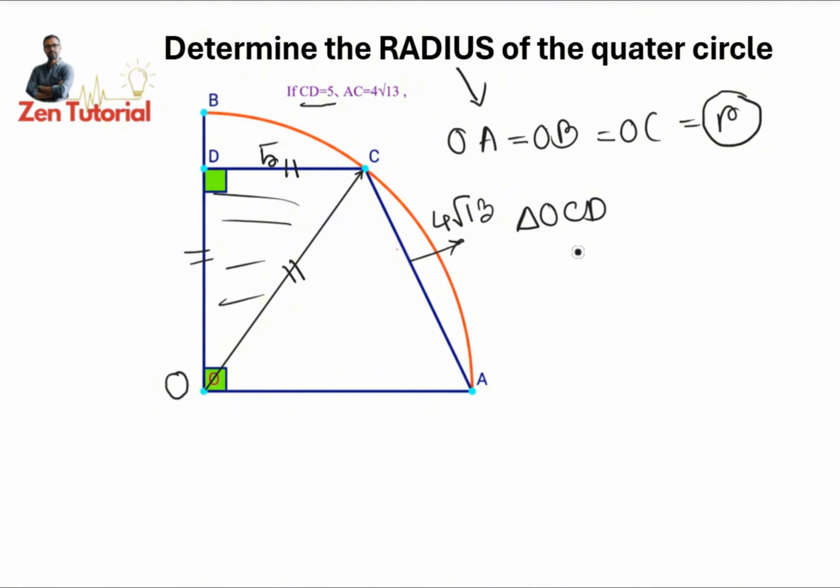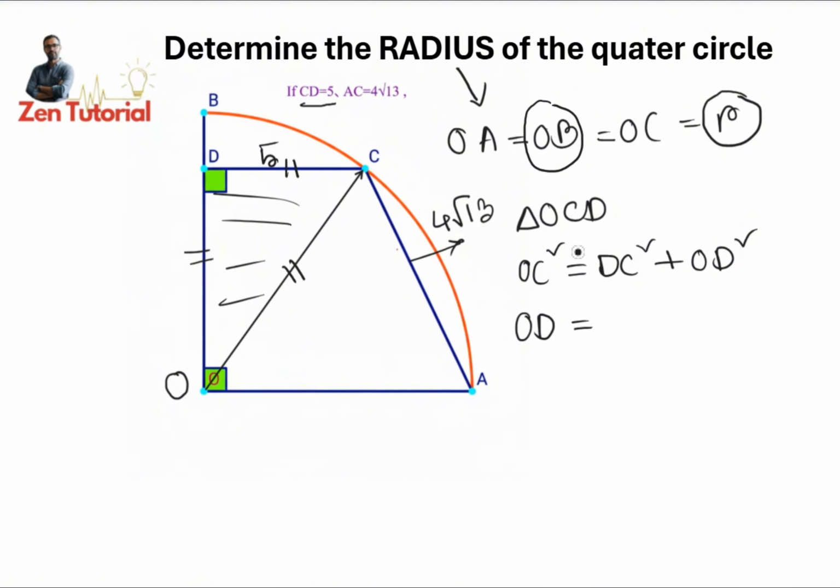Indeed, by the Pythagorean theorem, we can write OC square is equal to DC square plus OD square. What is our target? If we determine the value of OD, then we can determine the value of OB. Let's try to determine the value of OD.